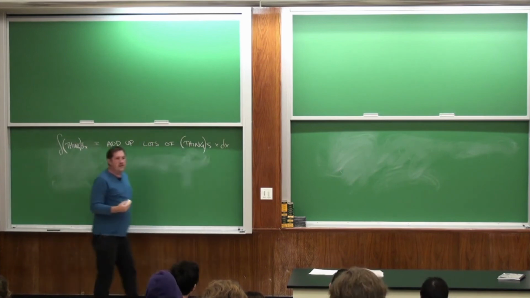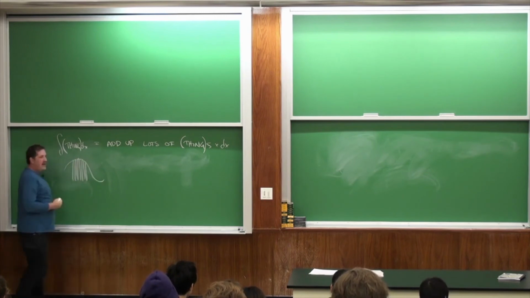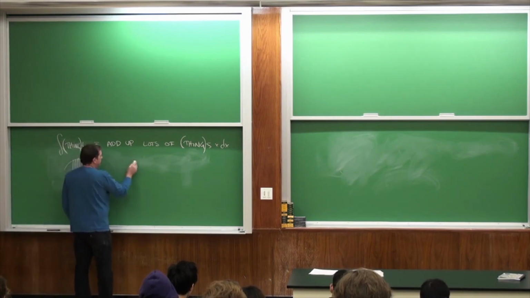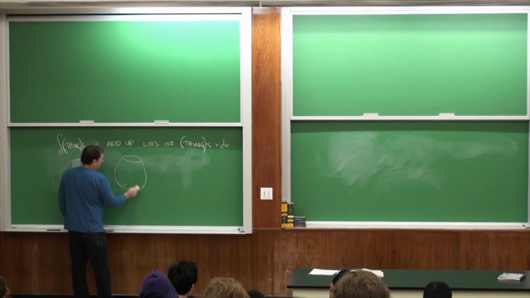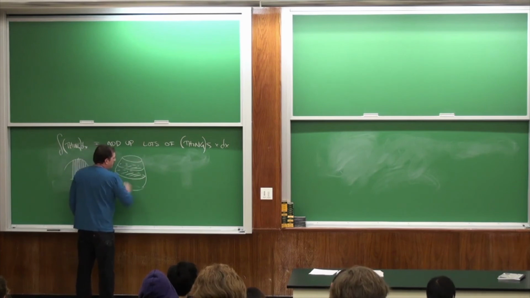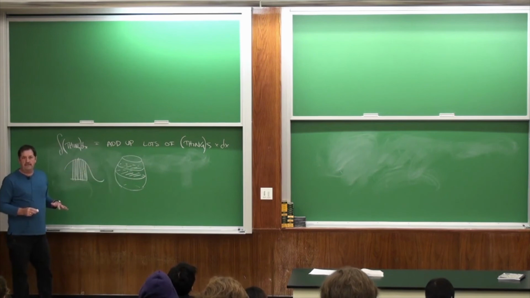Right? So when we're doing areas, we take a lot of skinny rectangles and add them up to give us an area. If we're doing volumes, then we add up lots of skinny slices, and it gives us a volume.